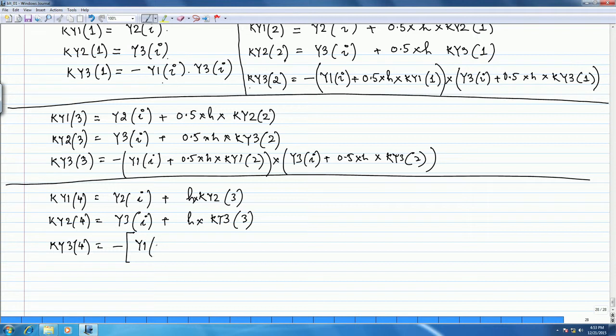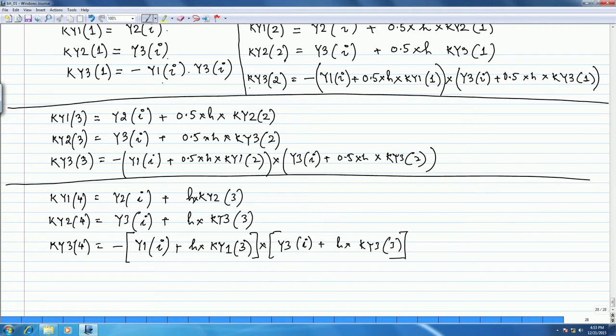So y1 I plus h into ky1 3, okay, into y3 I plus h into ky3 3, right.